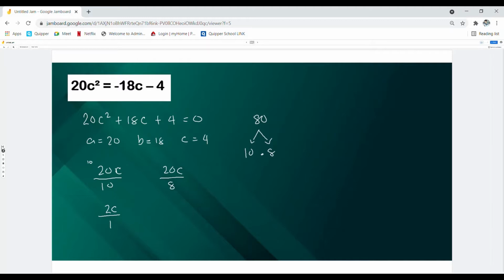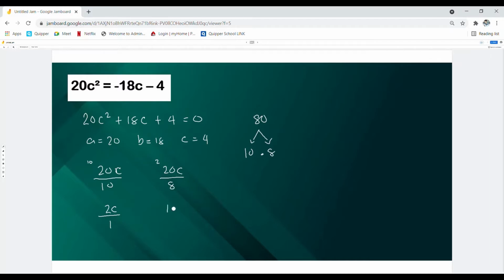Why by 2? Why not by 4? It is because I only borrowed one set of 20. So 10 times 2 is already 20. If I make it 4, that will be a 40. So it can't be. Now reduce it by 2.